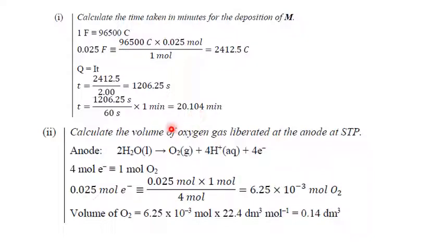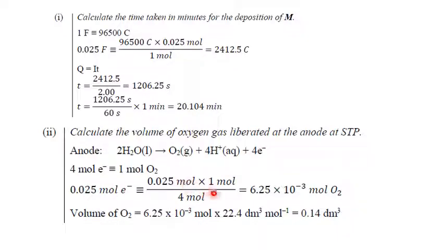Okay, for the second part, you have to write down the anode equation. As I mentioned just now, water will be chosen and oxidized, and will release oxygen. So based on here, 4 moles of Faraday, or 4 moles of electrons, is equivalent to 1 mole of oxygen. Based on the information given by the question, the number of Faraday, or the number of moles of electrons, is 0.025.